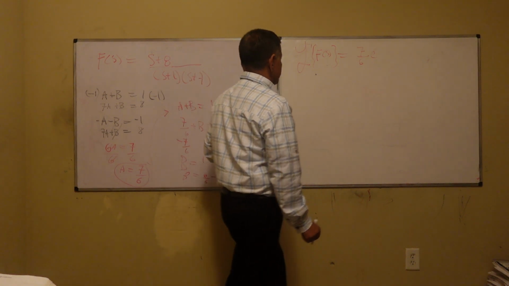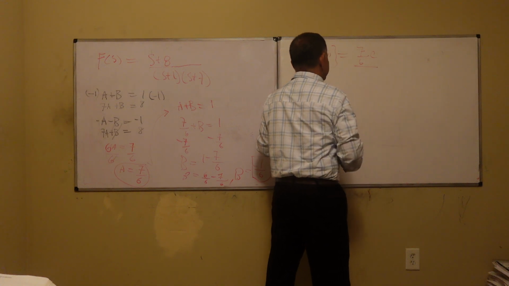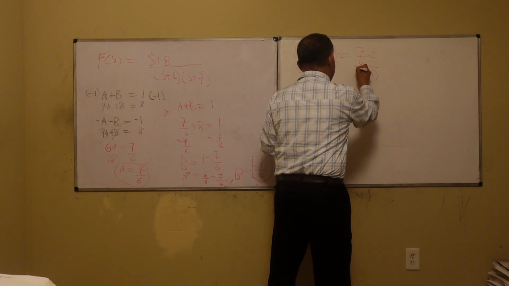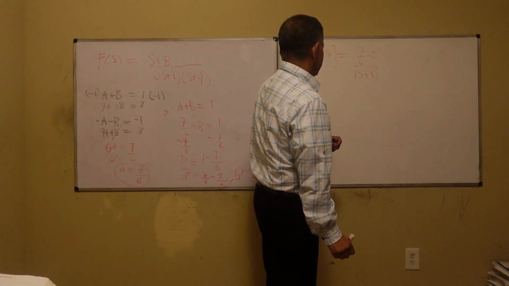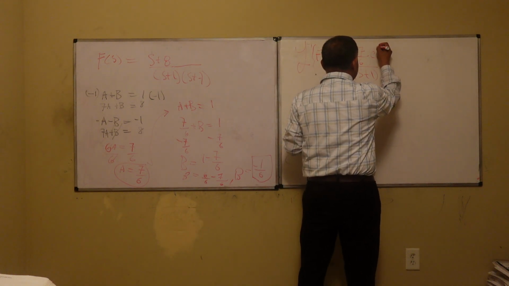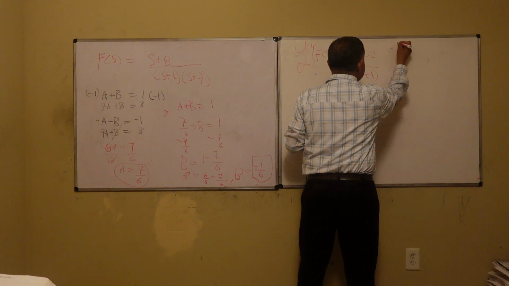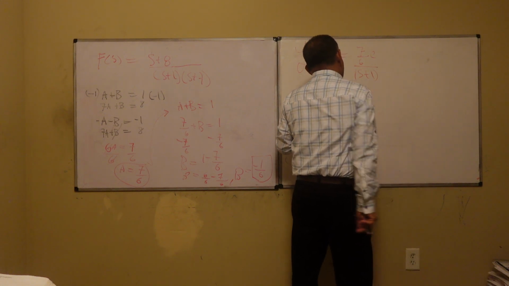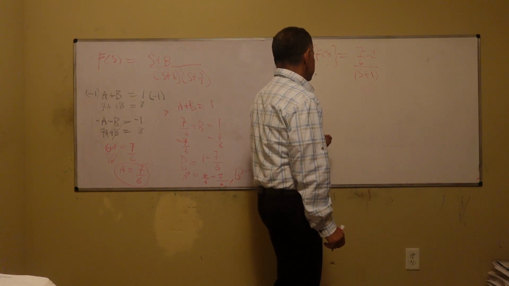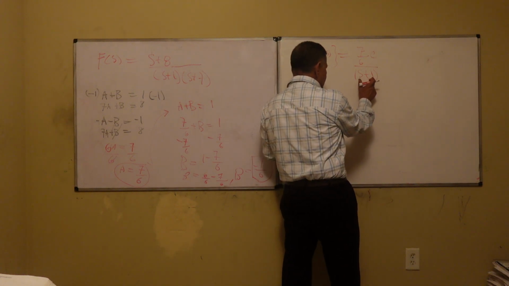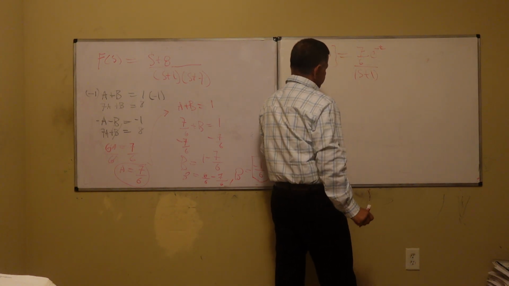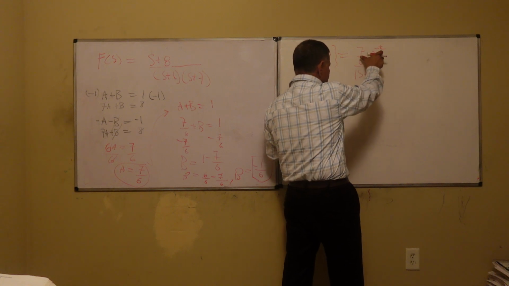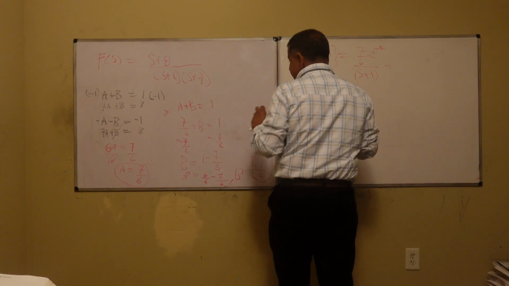But remember, this is S plus 1 over here at the bottom, and this is the value of A. Some people do E to the AT, negative AT, and that's fine, because in this case it's negative T on the top.